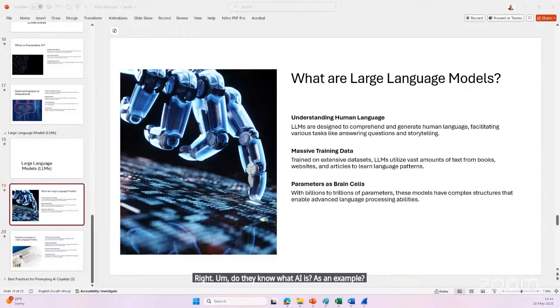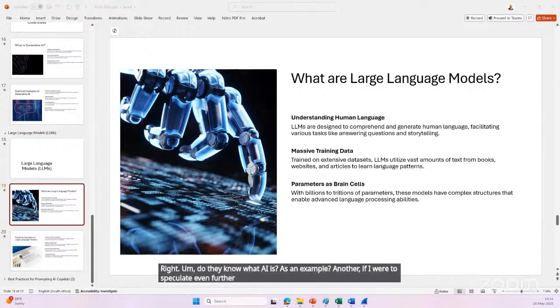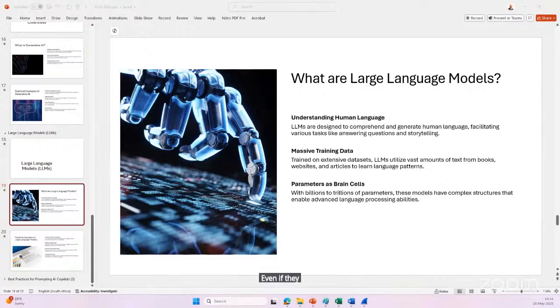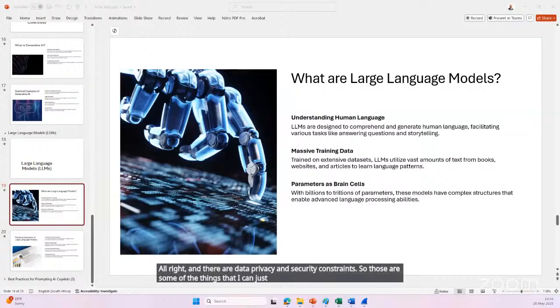If I were to speculate even further, even if they do understand artificial intelligence, there are budgetary constraints, and there are data privacy and security constraints. Those are some of the things I can think of off the top of my head.